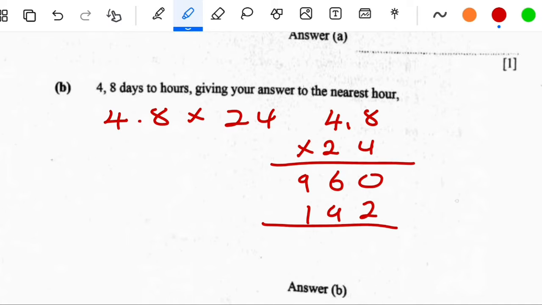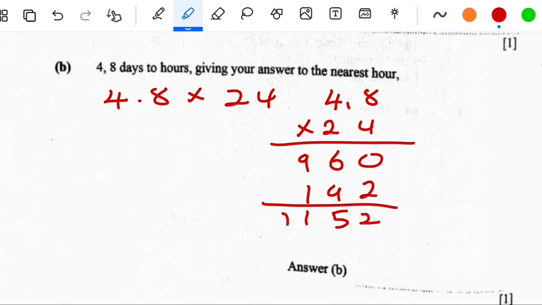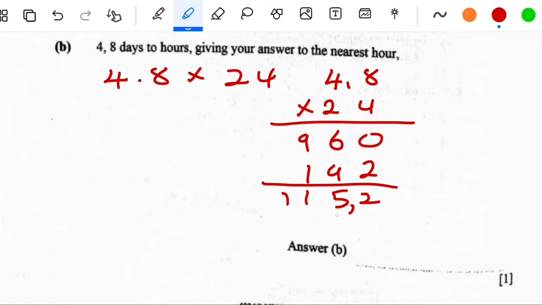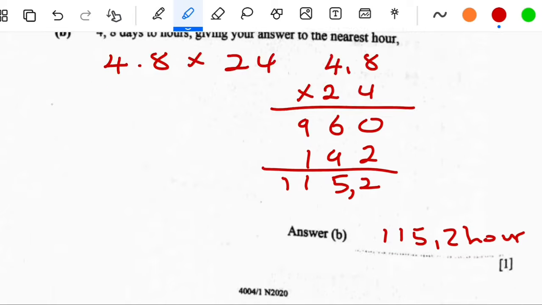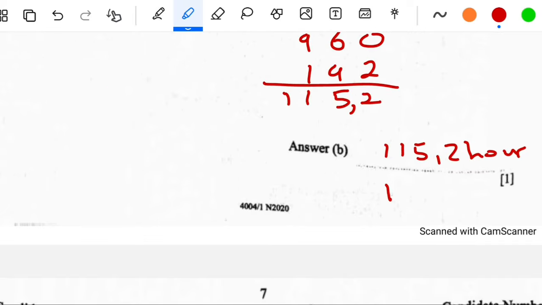Then adding there I've got 2, then 9 plus 6 is what? It's 15, carry 1. Then here I've got 10 plus 1 is 11, so putting my comma here, this is my answer, 115.2 hours, but I need to leave it to the nearest hour, so it's 115 hours.